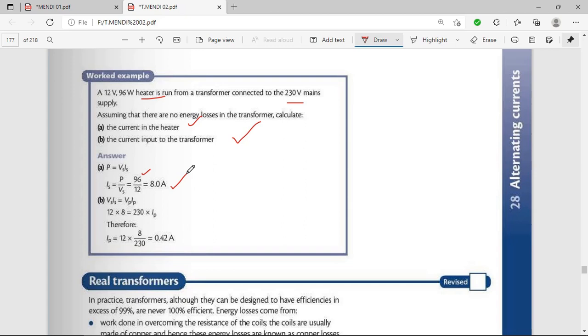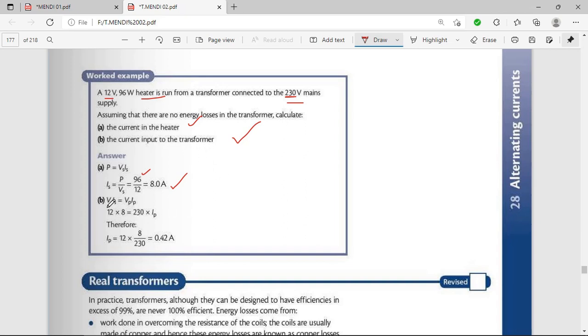Both, it's a domestic appliance, so we have applied the step down. Meaning to say this one is our VS and this one is our VP, the primary. So we want to find the current in the input of the transformer, that is the primary current.